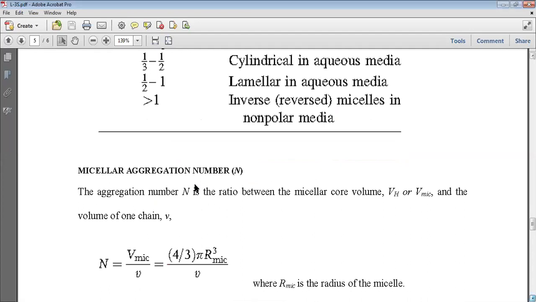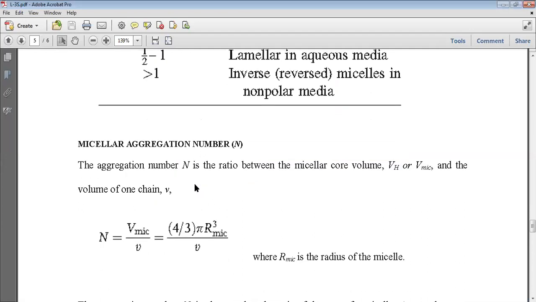So the next point is called the micellar aggregation number, represented by capital N or sometimes by small n. What is the micellar aggregation number? We have already done it. It is basically the number of monomers that form the micelle. How do you find it? You can find it by a simple relation.